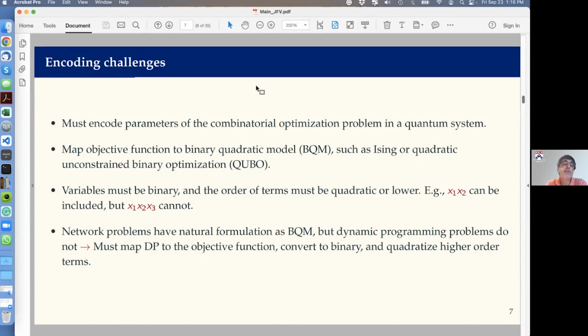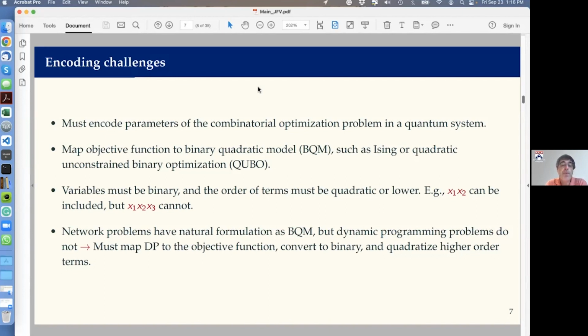Okay? And that basically implies that the variables that we need to deal with must be binary, and the order of the terms must be quadratic or lower. For instance, if we are dealing with variables x1 and x2, we can include those in our encoding, but we cannot include x1, x2, and x3. So we will need to think about quadratization techniques to get a representation that is sufficiently close to what we are looking for.